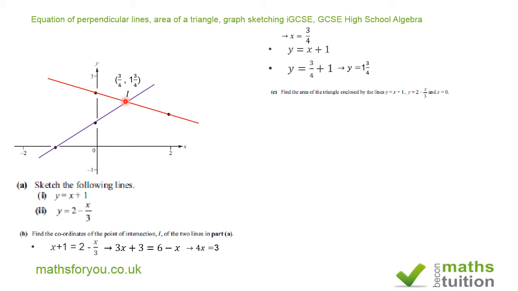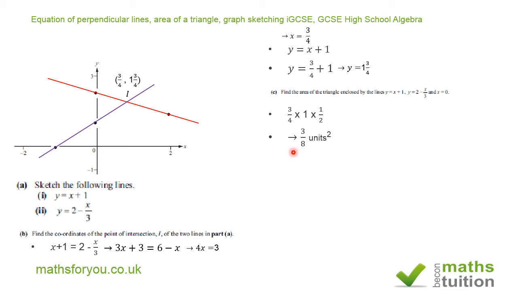We also know that this point here has an x value of 3/4. So the perpendicular line from the point I to the y-axis is 3/4. So the height of this triangle is 3/4. So the area then becomes 3/4 times the base times a half. That gives us the area of this triangle, and that's the value of 3/8 units squared.